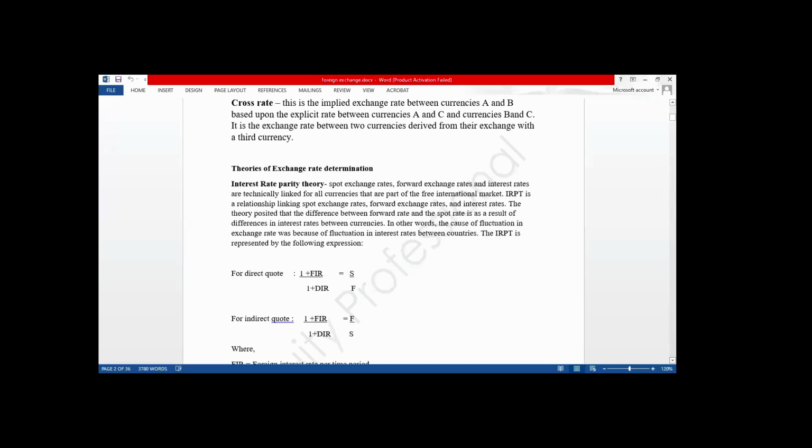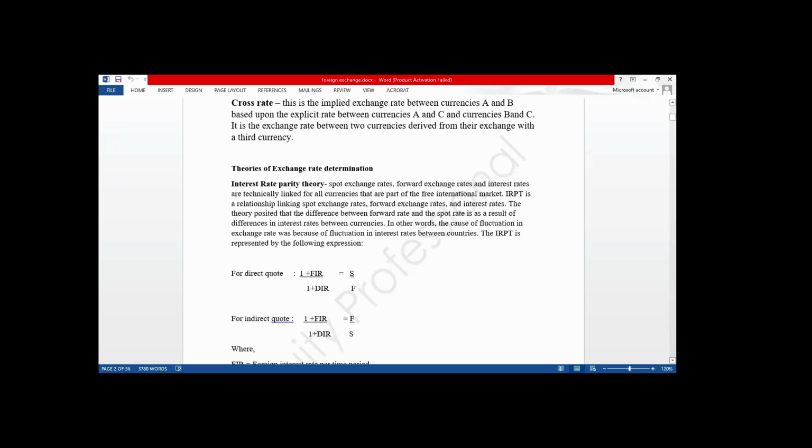Look at the argument: a country with higher interest rates has its currency value depreciating faster compared to a country with lower interest rates.